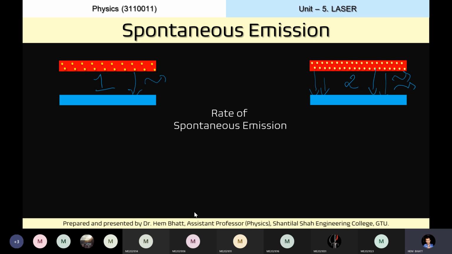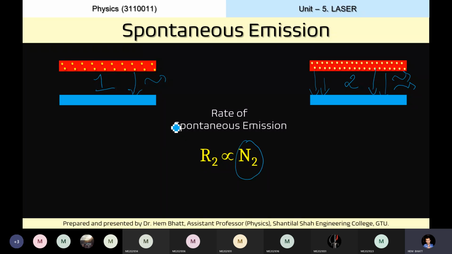What was the symbol for the rate of stimulated emission that you just wrote? R1. So this is the second equation, R2, which depends on N2.